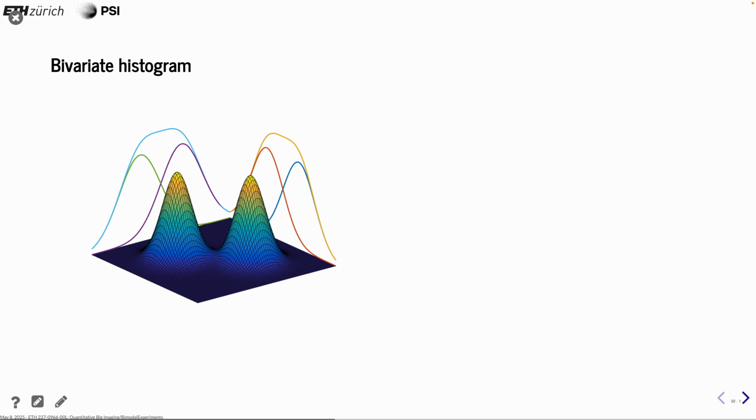Instead, we can look at the bivariate histogram, and now you can see that even though the single modalities only give a single mode in the histogram, they are very well separated in the bivariate histogram, which is co-counting every pixel and producing a two-dimensional histogram. Now we can, with quite good confidence, say that the threshold is at this place here, and we can do a nice segmentation with much fewer misclassifications.